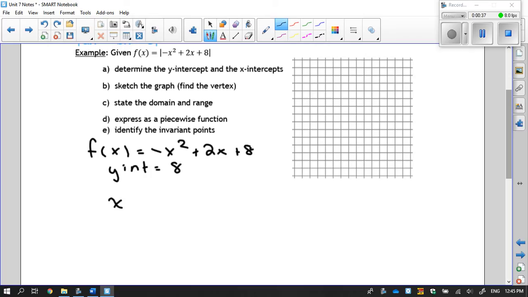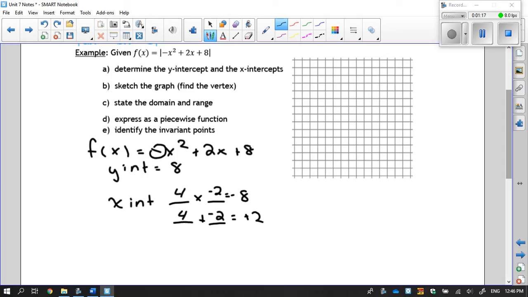Our x-intercepts, we are looking for a value that multiplies to negative 8, sorry, and a value that adds to positive 2, that'll be 4 and negative 2. But this guy is not just a classic one, so we do actually have to do factoring by decomp here.